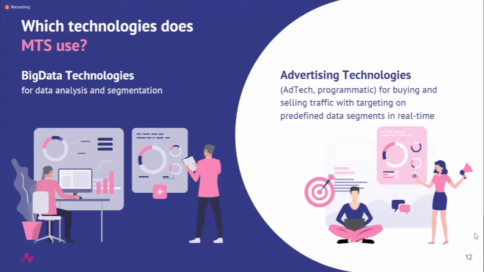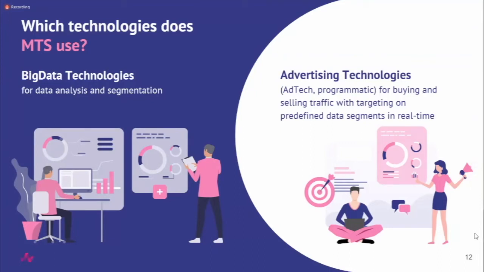So the second key technology which a mobile network operator should have to launch this kind of advertising services is advertising technologies. These technologies allow you to buy and sell traffic with targeting on these data segments and do all this in real time.